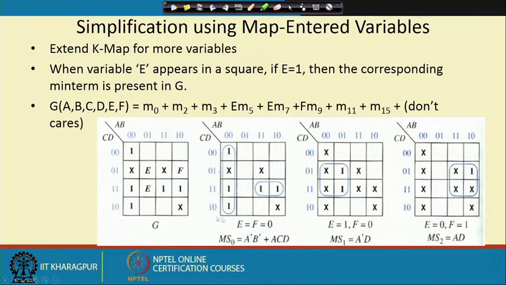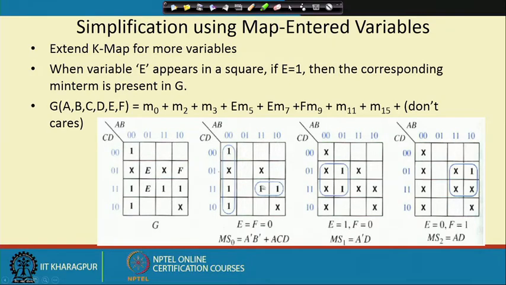Now we consider the case where e and f both are equal to 0. If e and f both are equal to 0, you get a map and we do the grouping like this. So we get a bar b bar plus a c d. Now if e equals 1 and f equals 0, we get a map.